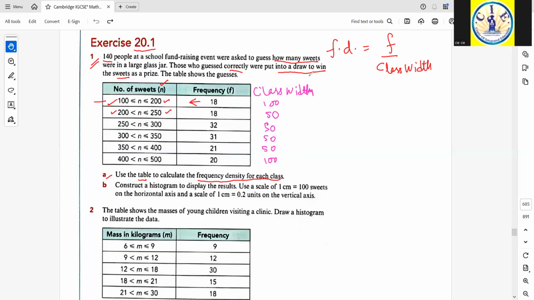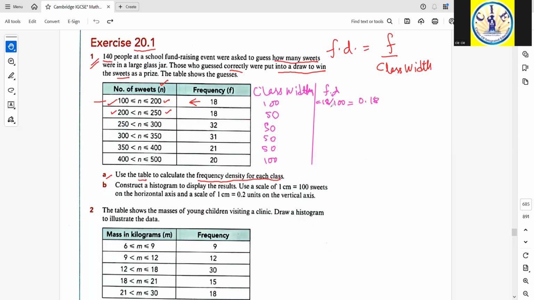So now I need to have the frequency density. For the frequency density, I need this formula, frequency divided by class width. So frequency is 18 in this case. I need to divide it by the class width, which is 100. So this will give me 0.18.